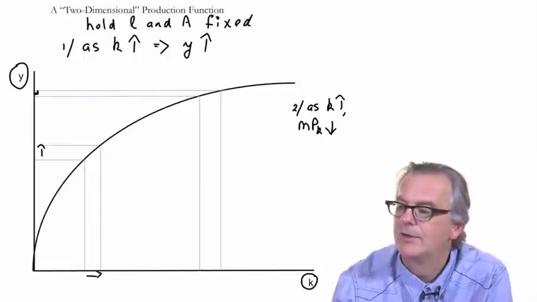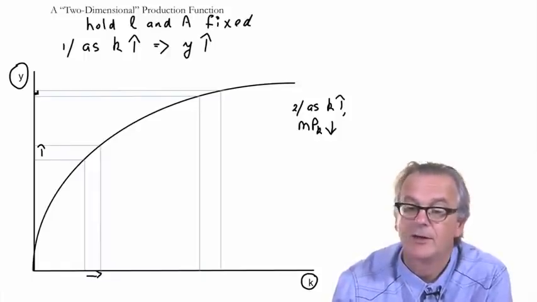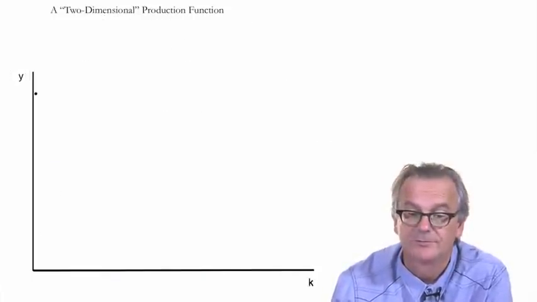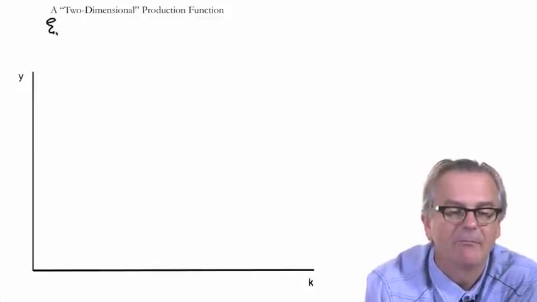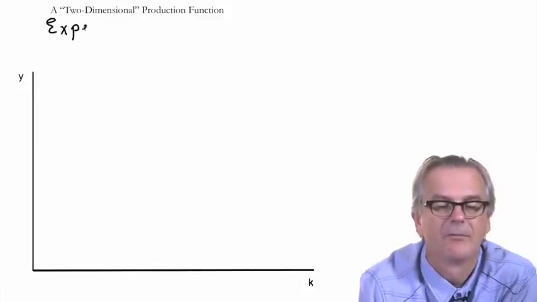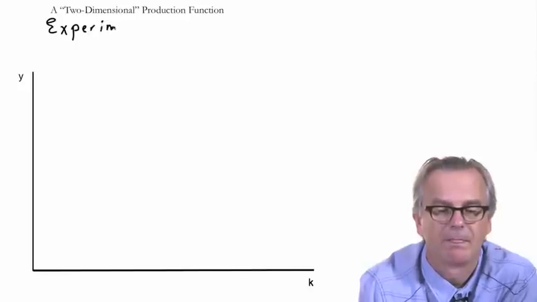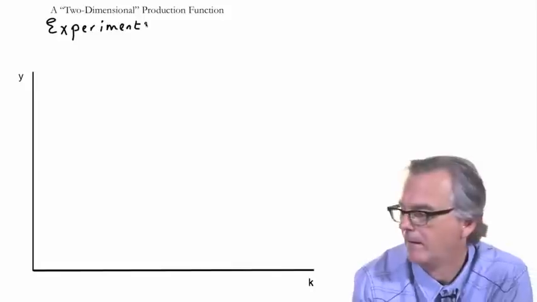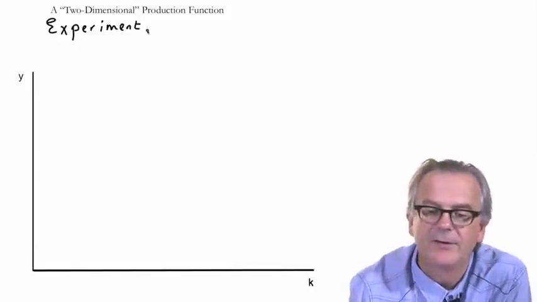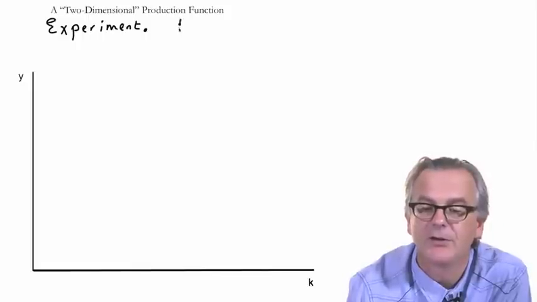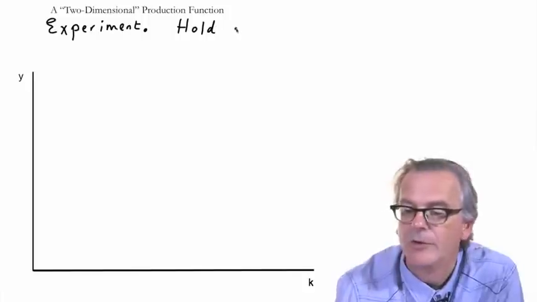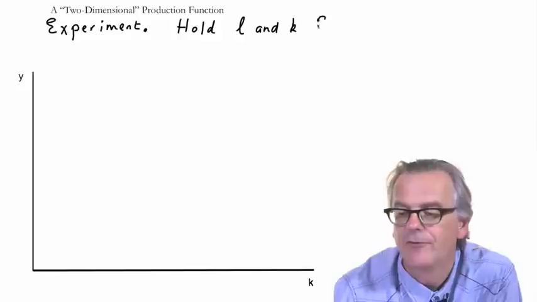There are other things we can illustrate on this diagram that are going to be very useful for us. Let's think about the following experiment. This time I want to show you how the two-dimensional production function can be used to illustrate the following circumstance, where we hold labour and capital fixed.